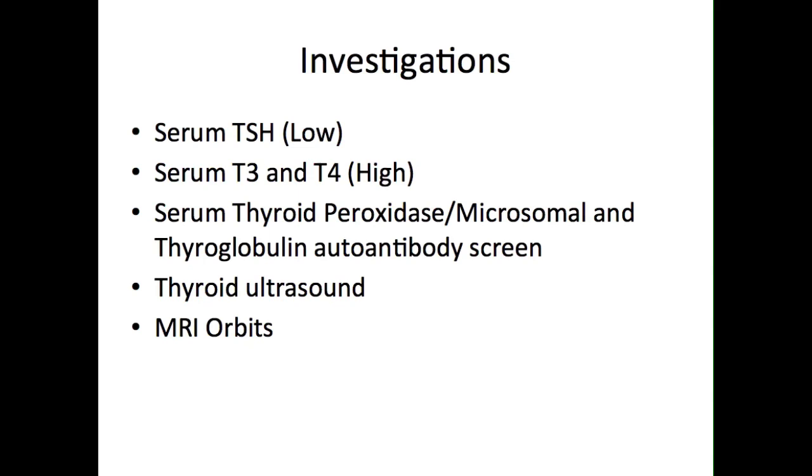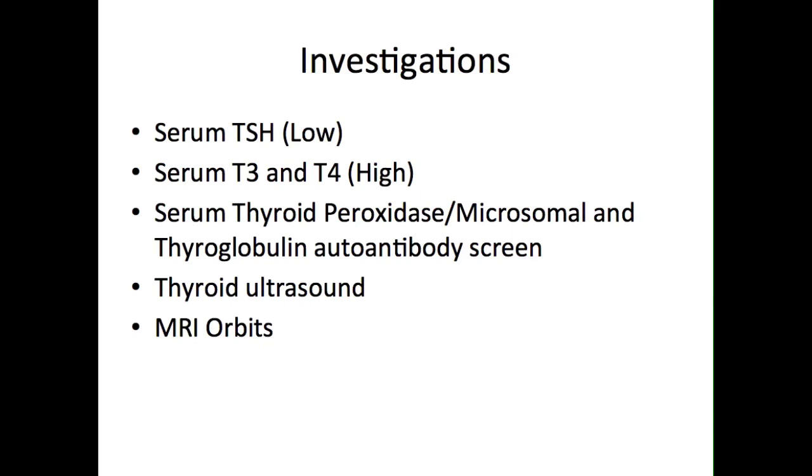As when investigating hypothyroidism, patients with hyperthyroidism should have serum thyroid function tests carried out. These would show a low TSH level with a raised serum T3 and T4 level.